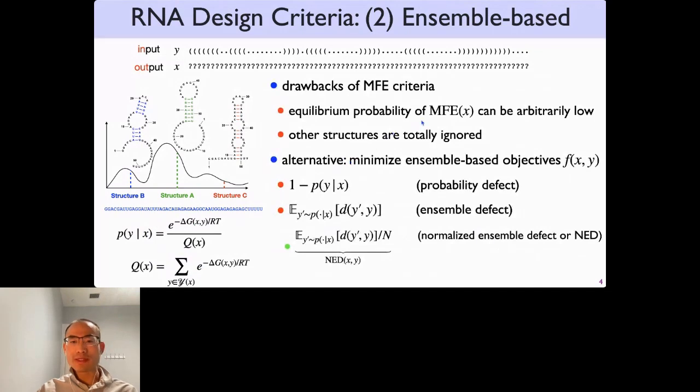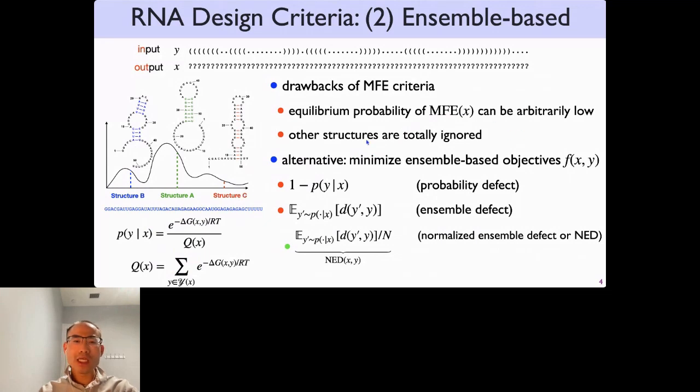One problem with the MFE criterion is that the probability of the MFE structure can be very low. For example, we say the structure C is the MFE structure of this RNA sequence, but there can be many other structures with only slightly higher free energy. So in that case, the probability of structure C can be arbitrarily low.